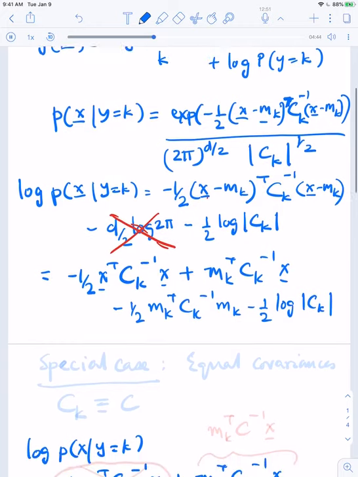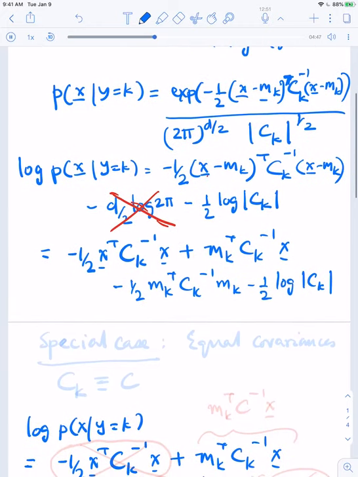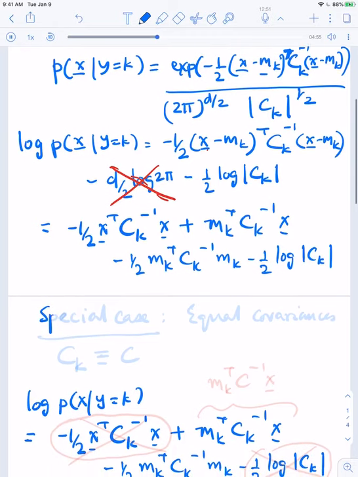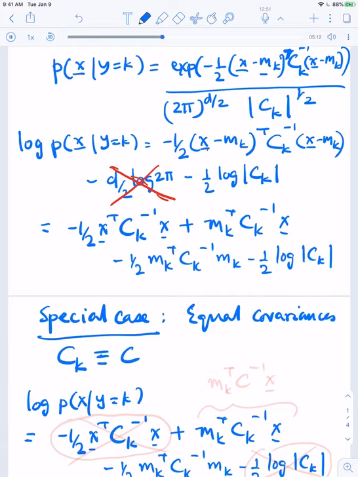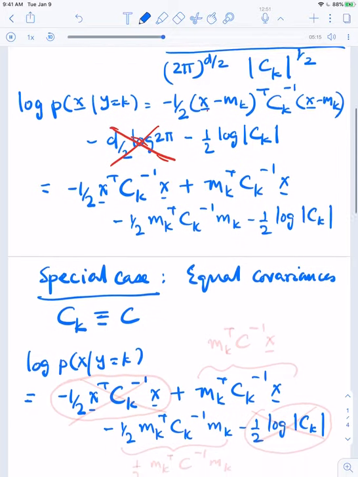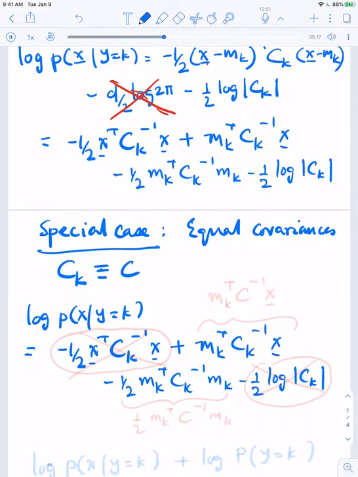Now we can look at a special case first, where more terms can be dropped. That's a very important special case where all the covariances are equal. So the Cks are all equal to C. Let me duplicate this. Here it is again, and now the covariances are all equal.